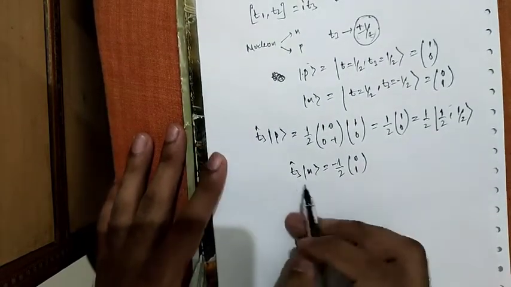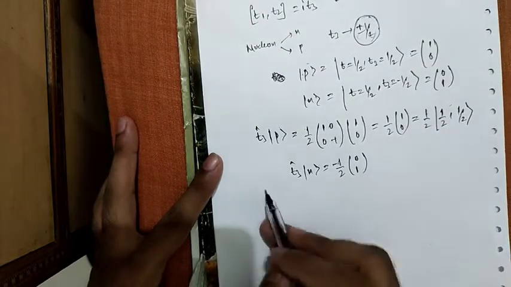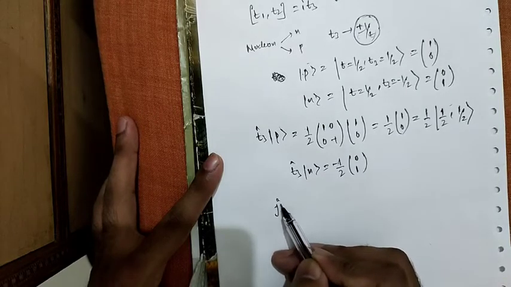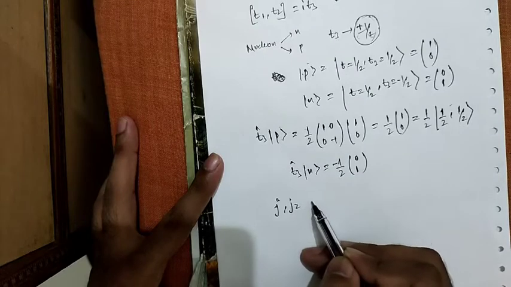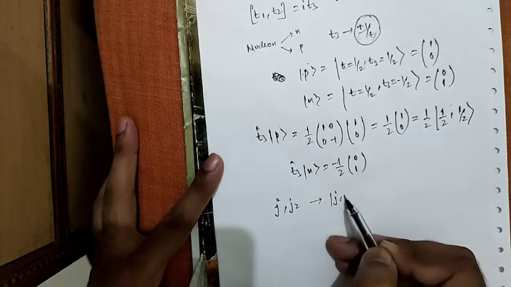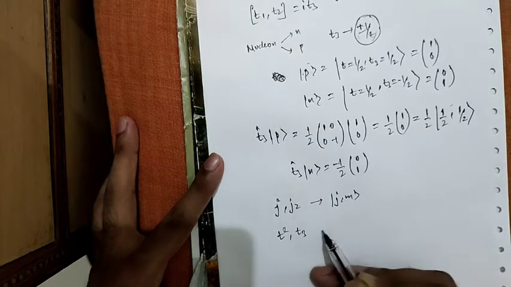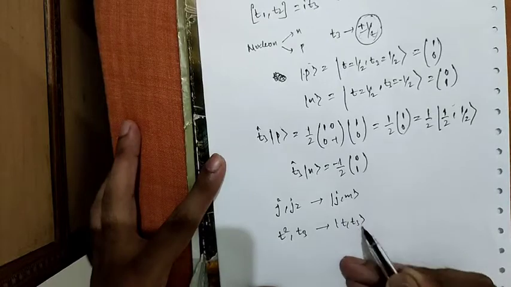Now, by analogy with angular momentum, where J squared and Jz have eigenkets |j, m>, here for T squared and T3 we have eigenkets |t, t3>.